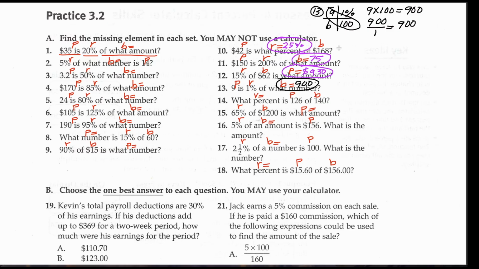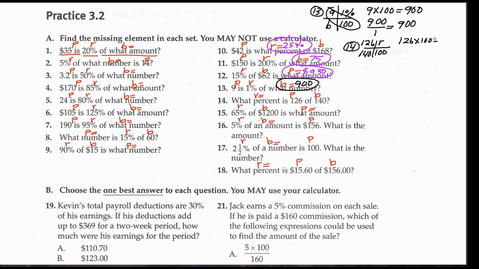Number 14. Again, big plus. So 100 goes here. What percent? We don't know the percent. So we do know that 126 is the part, and 140 is the base. So step 1, 126 multiplied by 100.